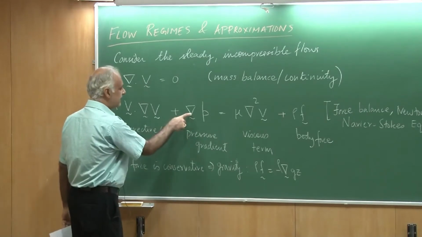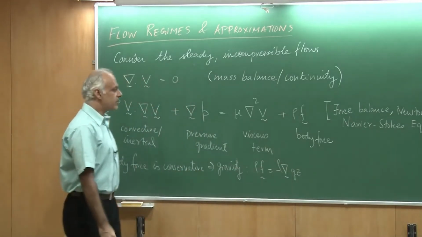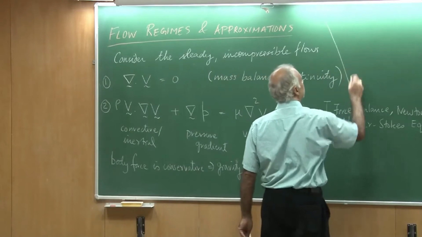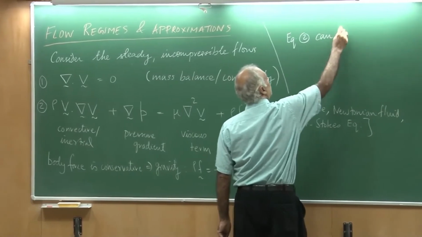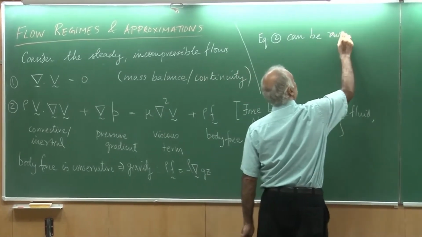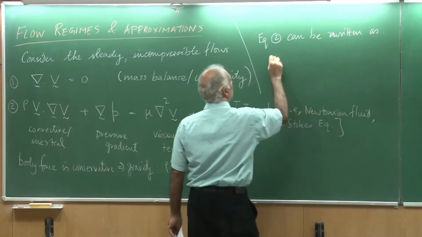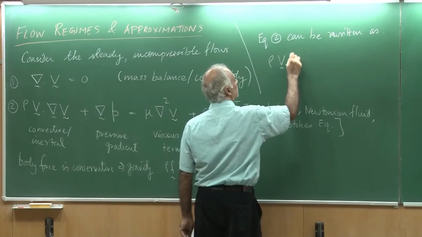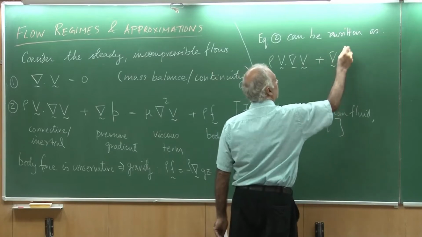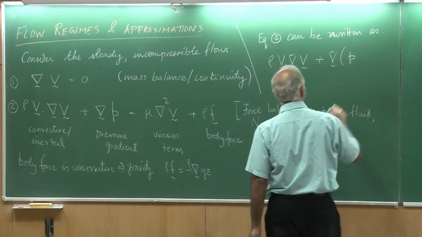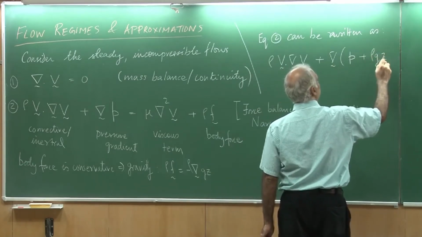then I can combine this gradient and from the rho F this gradient. And therefore, I should be able to write equation 2 can be rewritten as rho v dot gradient v plus gradient of p plus rho g z.